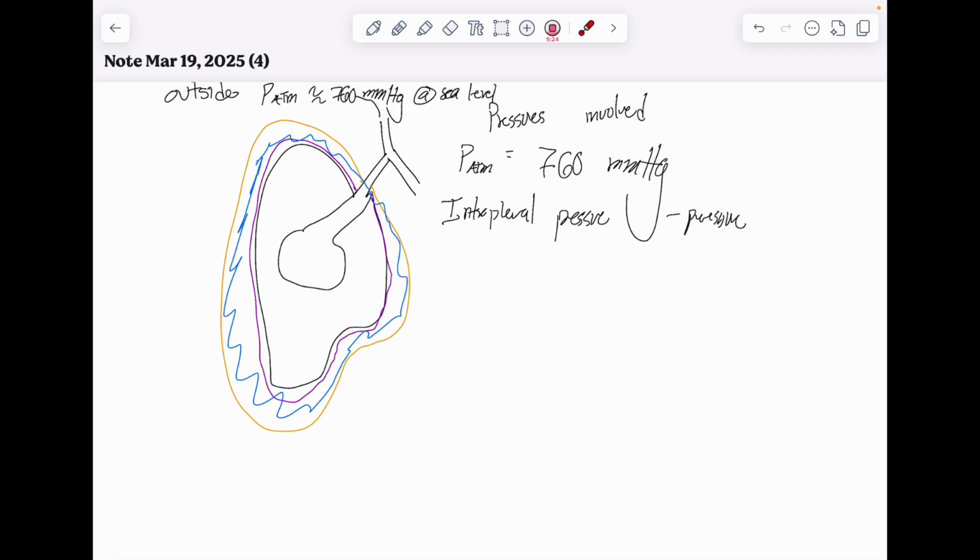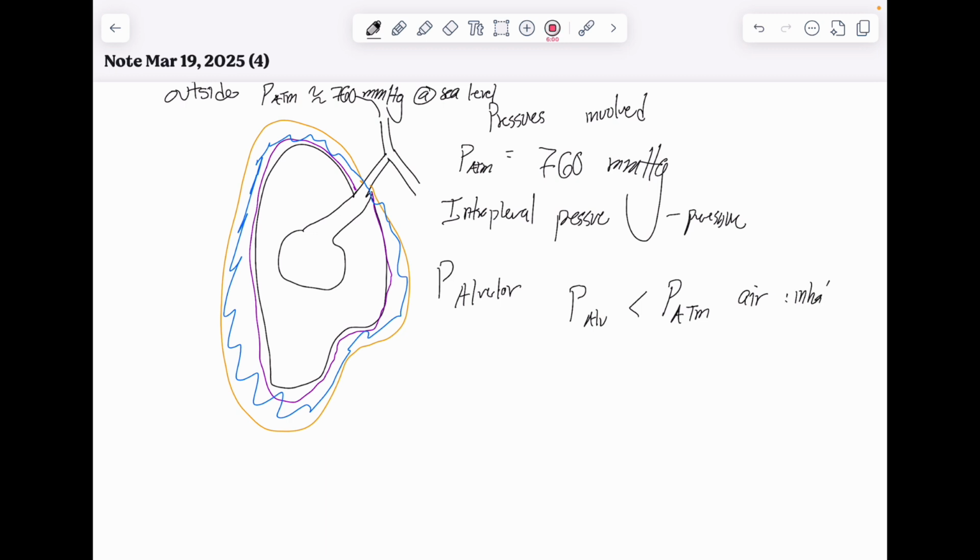We also have P alveolar. Our P alveolar pressure is less than the atmospheric pressure, so air will go in, because air travels from high pressure to low pressure, and that's inhalation.